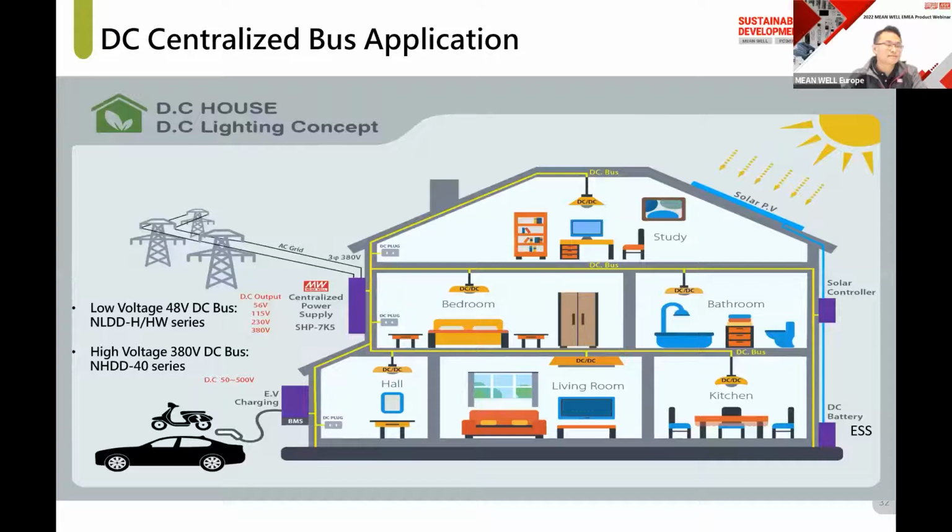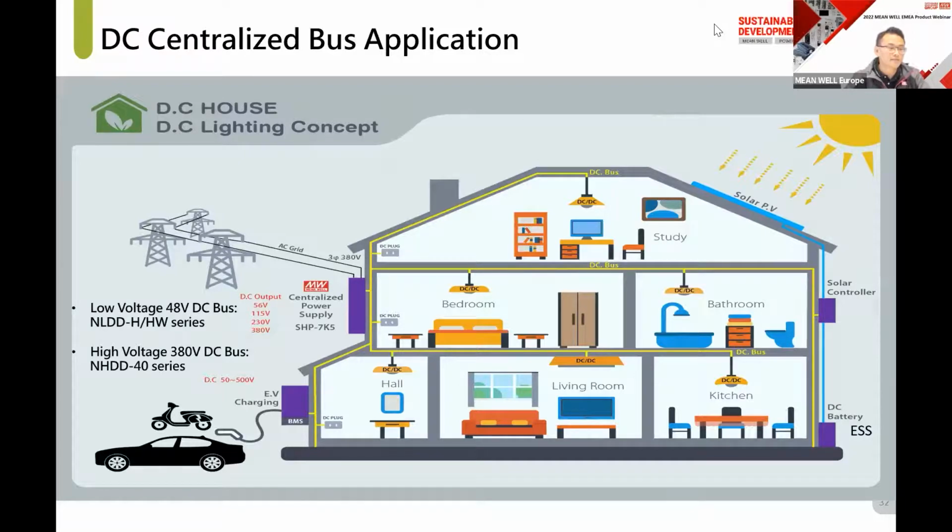Regarding the DC centralized bus application, this picture is a concept of the DC house to show how it works. The power source could be from the AC grid or from the solar panel. On the left-hand side, you can see the AC is from the grid.